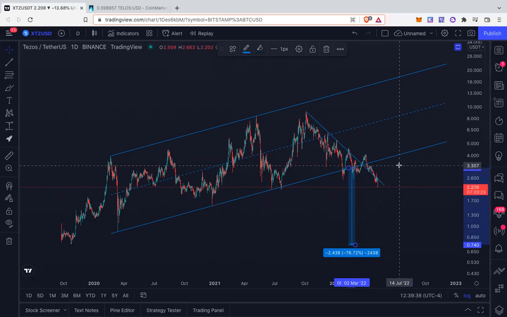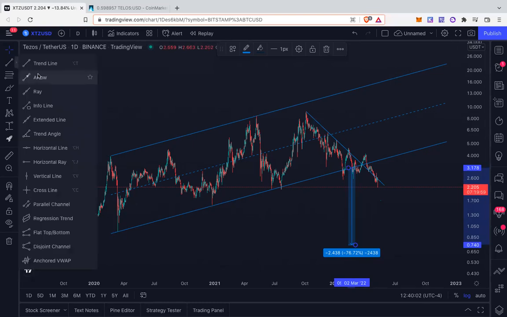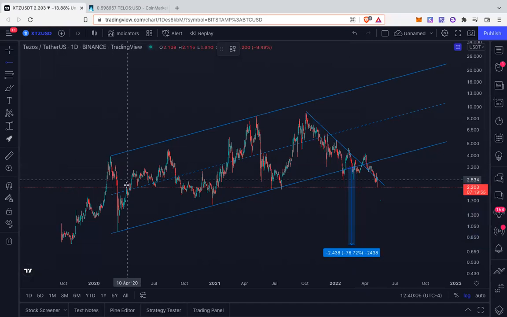People try to make TA hard, like, oh, you've got to know Elliott wave or harmonics, which I do use. Elliott waves to me are bullshit, but it's really just keeping it simple: understanding the trend, looking for support and resistance. In this case, your next major support is around that 180 area.